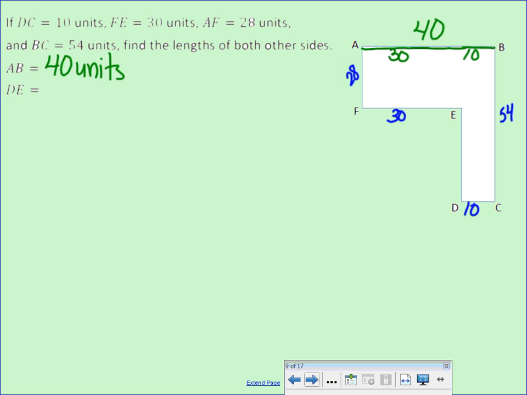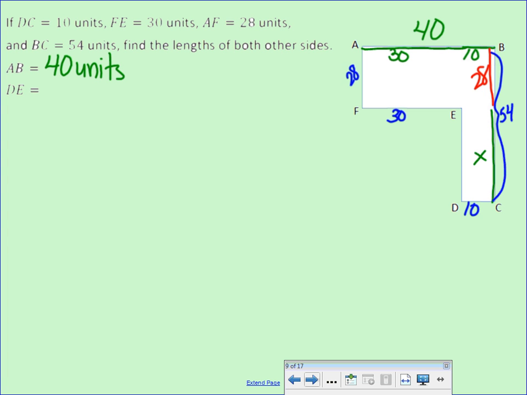And DE. Well, let's see. If this whole side is 54, I'm sorry, DE. If this whole side is 54, this part is 28. So if that part is 28, we want to know what that is. So 28 plus what is going to give me my total of 54.